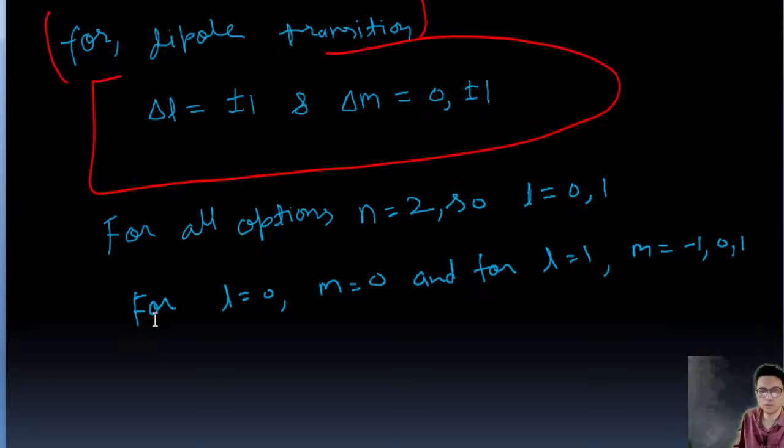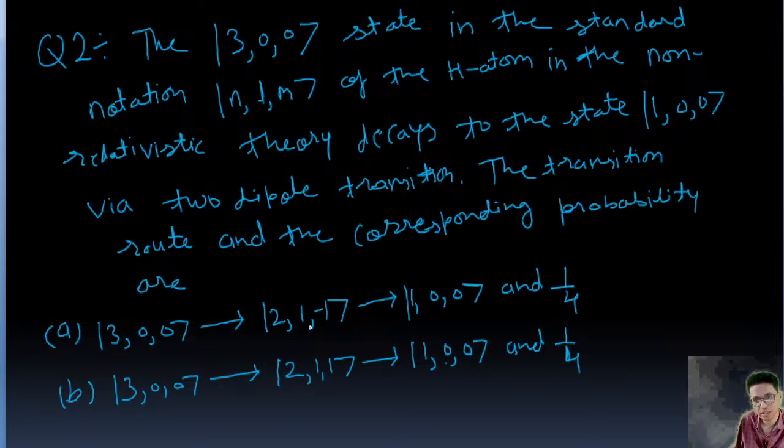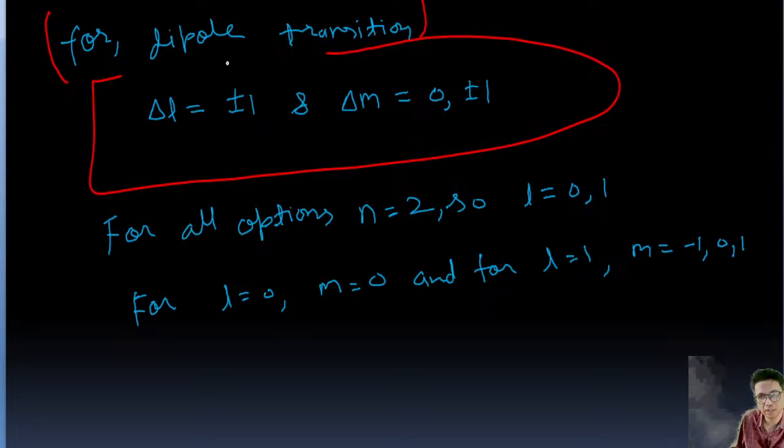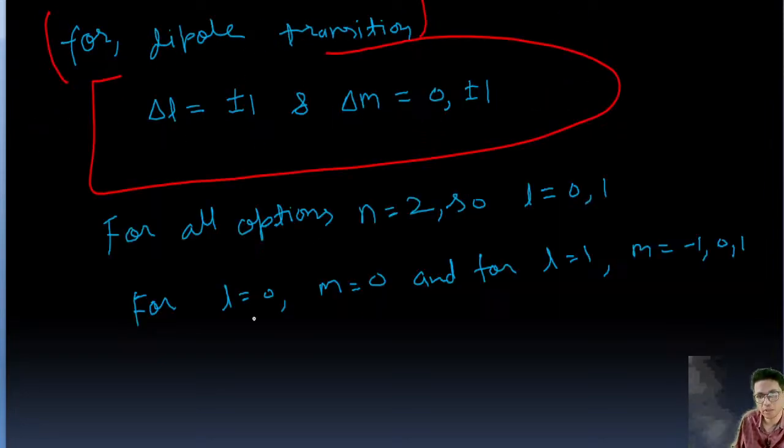These are the values, guys. In all the options, n is 2, and the L value is 1 in all of them, so we will not take L equal to 0.